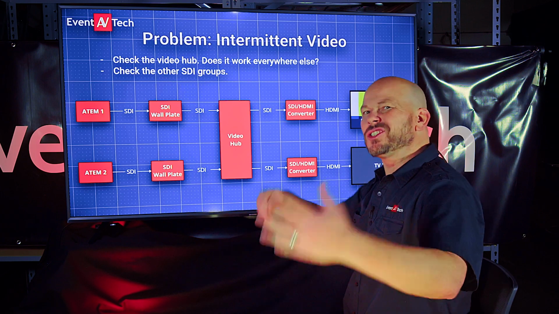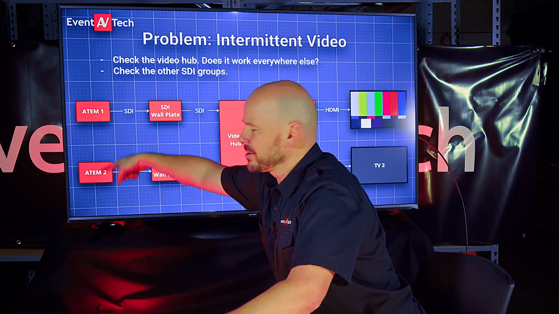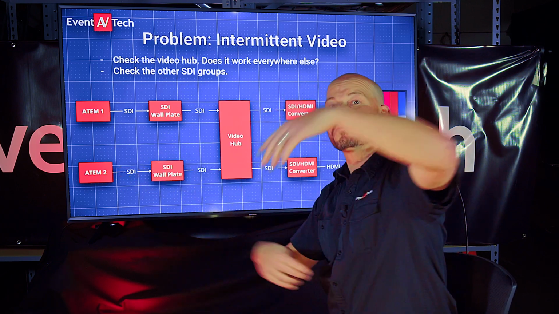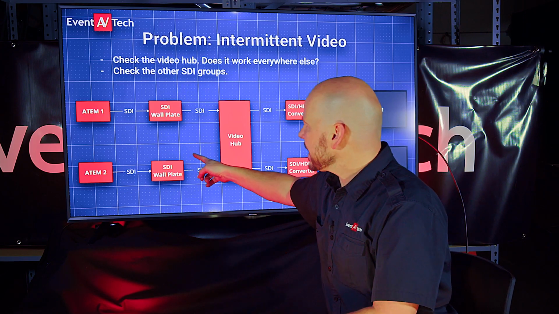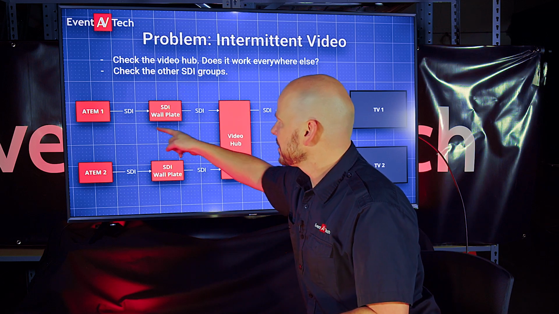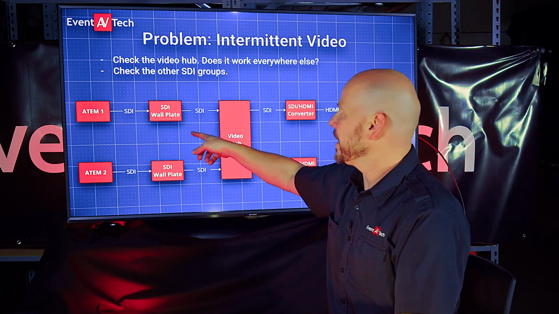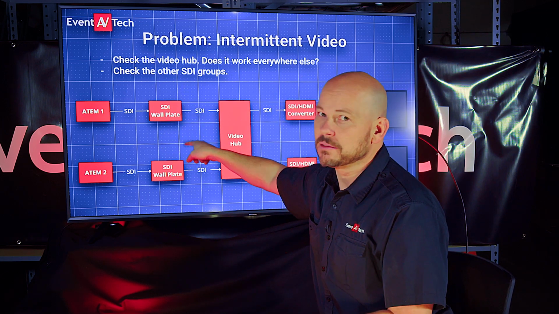Now, let's assume that these two locations are not close to each other. Let's assume they're like a floor apart from one another, and I can't easily go check this stuff. There's gonna be a couple of other ways I could verify these cables.